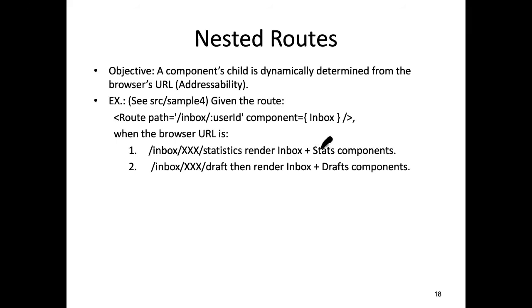So the stats component is going to be a child of the inbox. On another occasion, the URL might look like this, and then we want our inbox component to render a drafts component as one of its children. The routing logic that would achieve these two, we can put into the inbox component. We don't have to put it in the top level routing component.